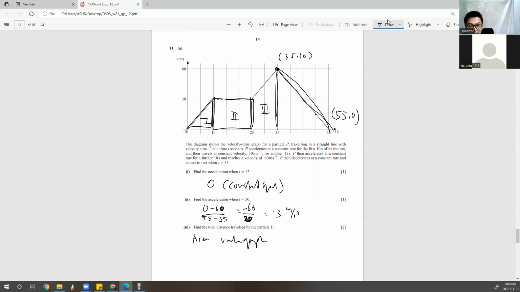If you don't memorize the formula of a trapezoid, split one more time, plus 4, the area of a triangle, and area of a rectangle as well, and this is 5. So you can just split into 5. If you forget the formula of the trapezium, the trapezium is the combination of a rectangle or square with a triangle. So you just skip the formula. Just use triangle and also rectangle.